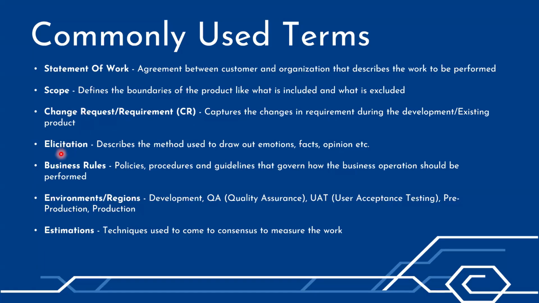The next is elicitation technique. Elicitation, the English word, basically means that you extract information, knowledge, opinion, fact, emotions from the other person. For example, let's say Vijay knows artificial intelligence very well and Priyali knows about data engineering very well.